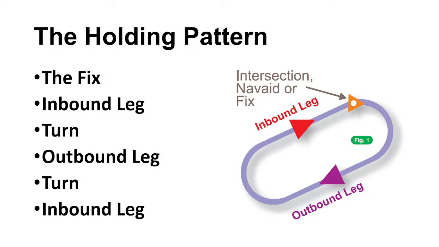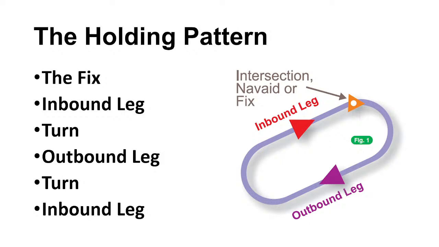Well, why is the traffic pattern left turns normally? It's because you're on the left side. It's easier to see from the left side. Yeah. Why they made right turns for holds in the sky, I don't know. We're not being visual, is it? You're not in visual. Yeah. Well, in theory, you're not in visual.